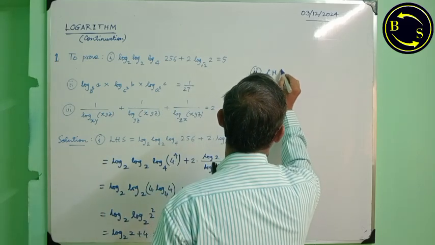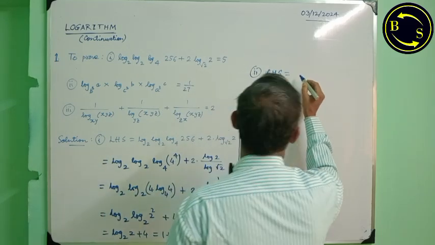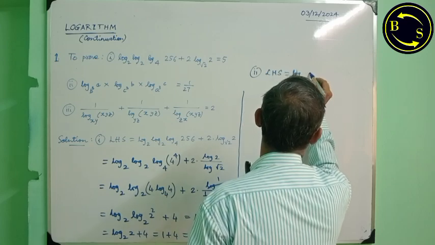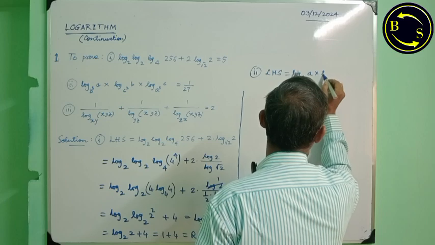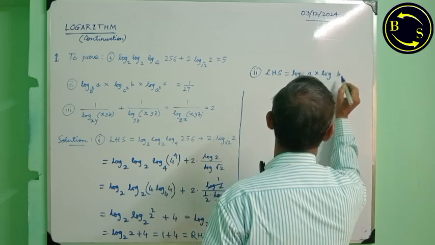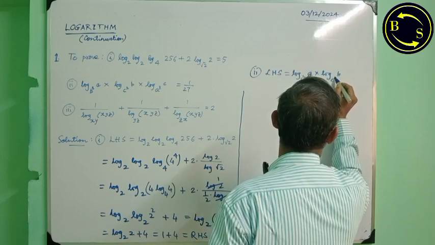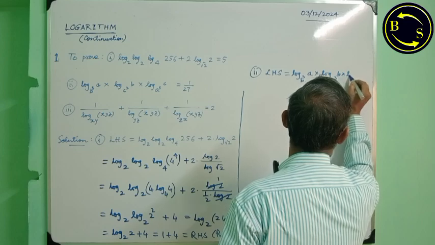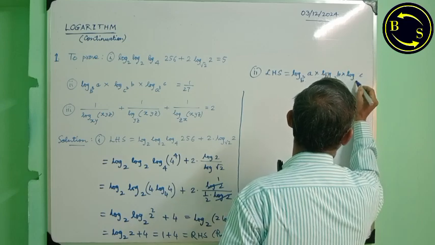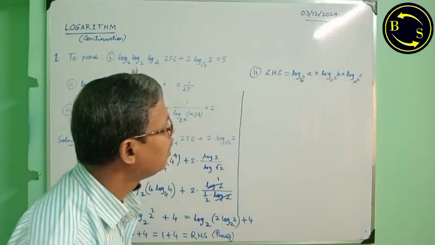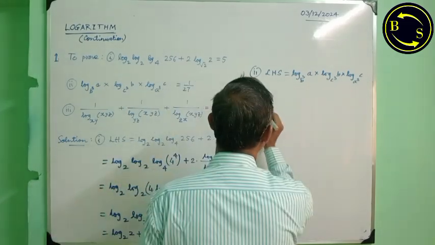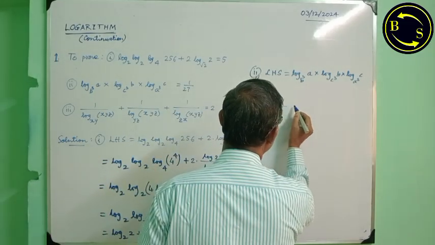LHS: log of a to the base b cube into log of b to the base c cube into log of c to the base a cube. Now I first apply the base changing formula like this.